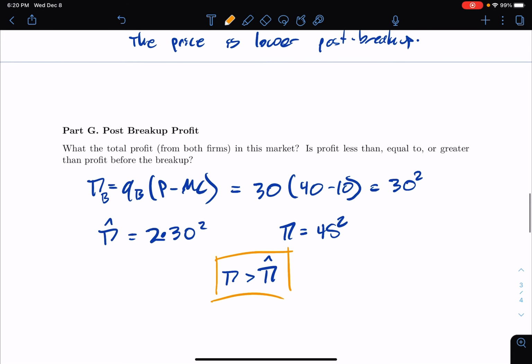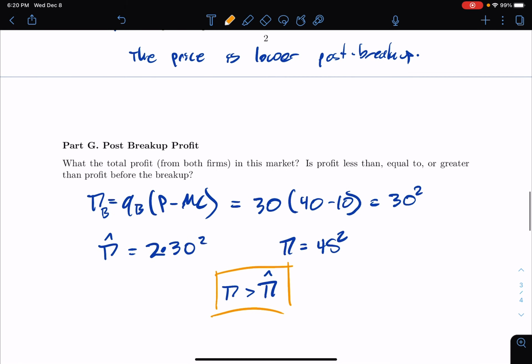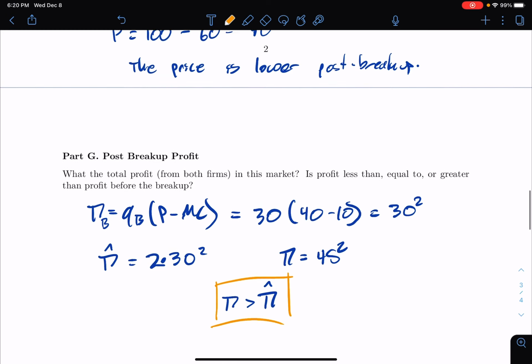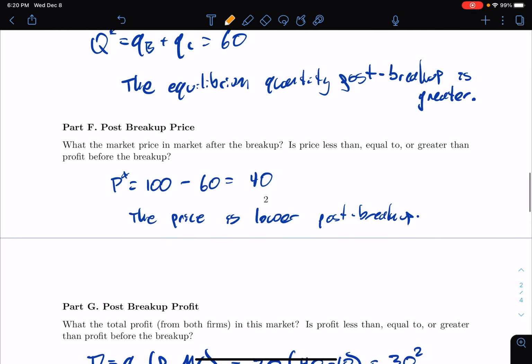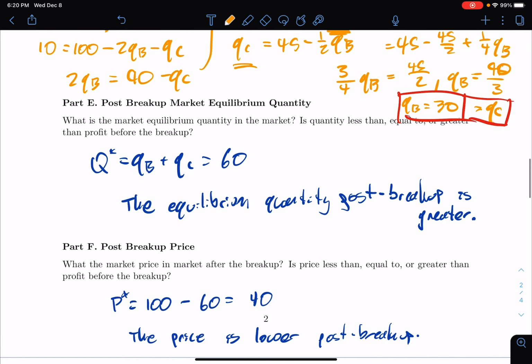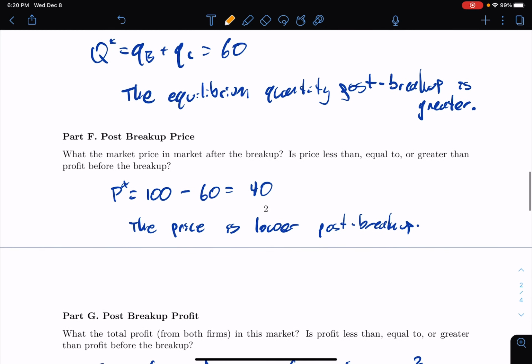And so that's exactly what we found here. So this is generally good for consumers, this breakup, at least with a cost structure like what we're given. The prices have gone down, and the quantity in equilibrium has gone up relative to the pre-breakup market structure.